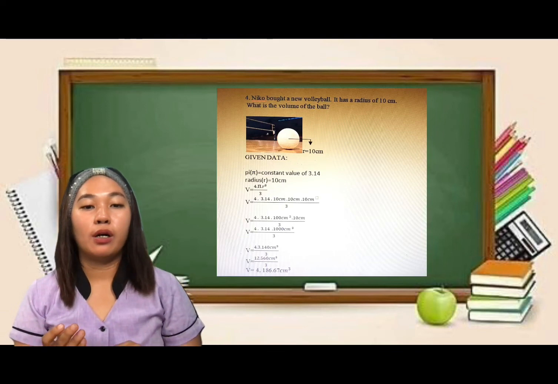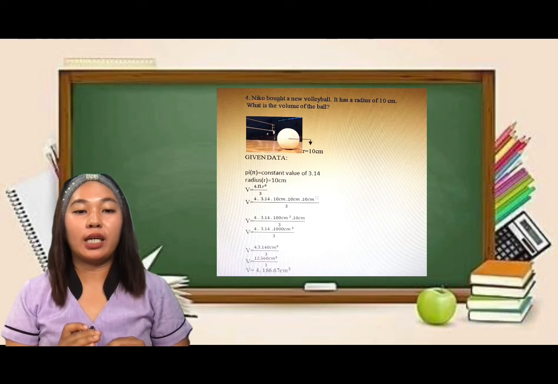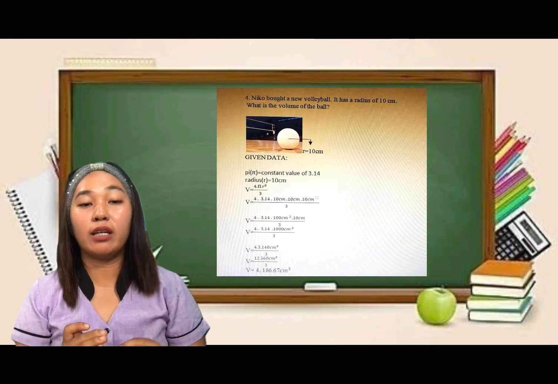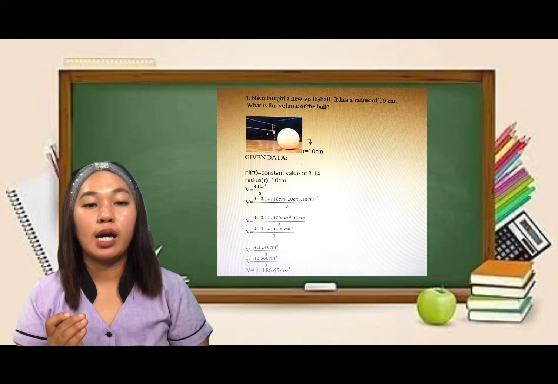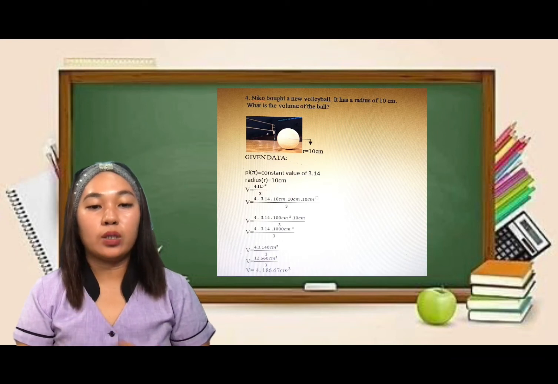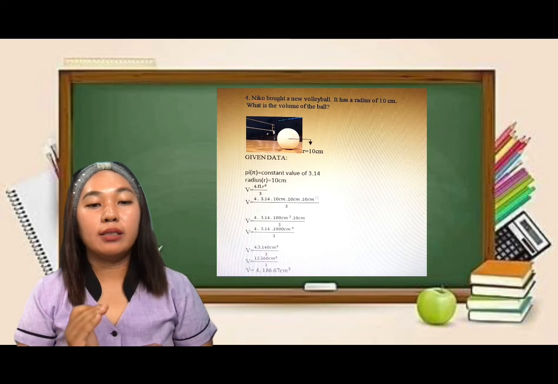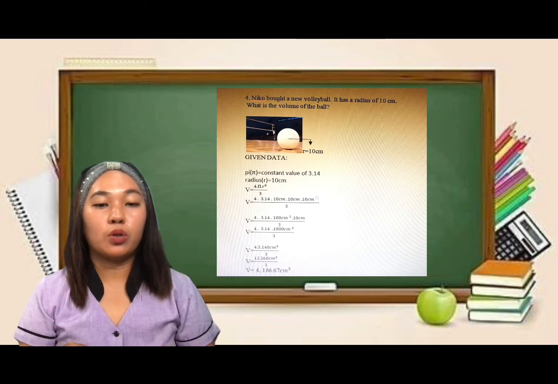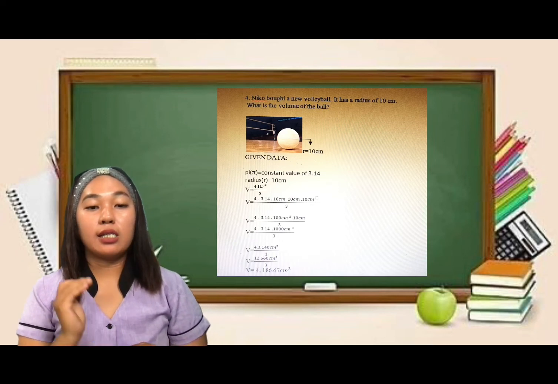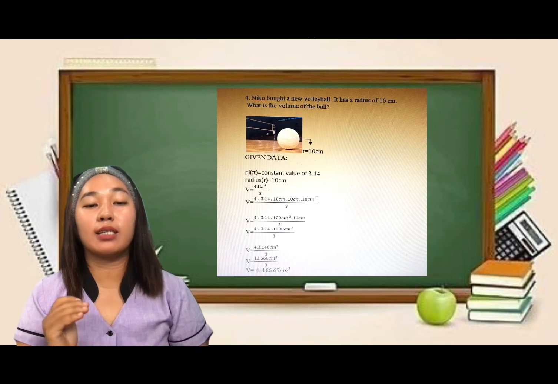Then, 1,000 centimeters cubed times 3.14 is 3,140 centimeters cubed, times 4 is equal to 12,560 centimeters cubed, and we divide it by 3. Then the volume of the sphere is 4,186.67 centimeters cubed.